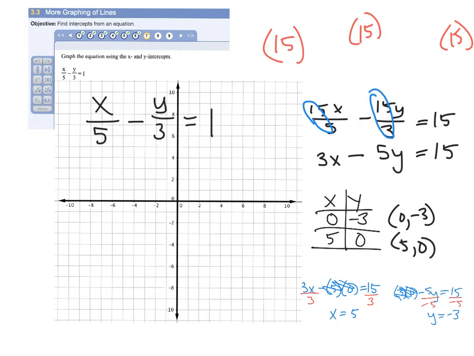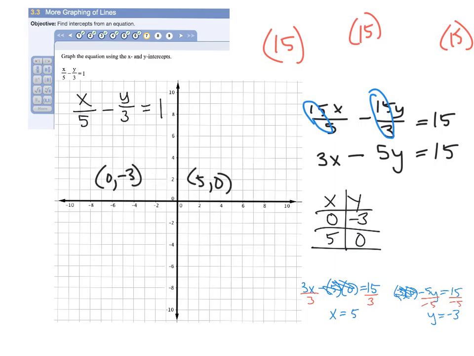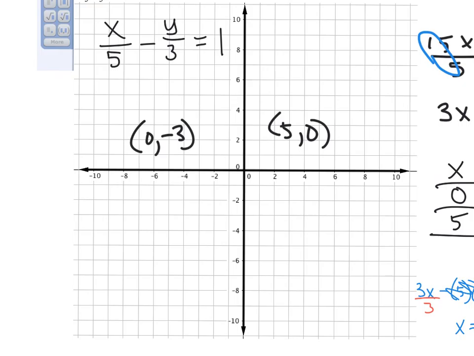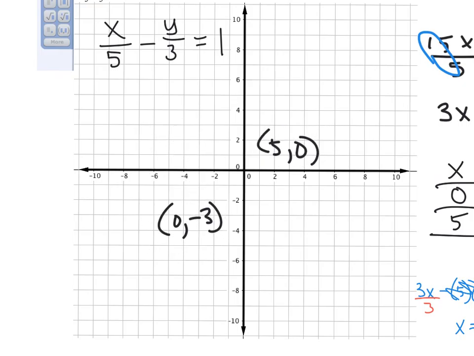Yeah, we're going to take that original equation and our two ordered pairs, and that's what we're going to graph. Okay, so where is 0, -3? Well, that goes down here. Where's 5, 0? It goes right here. And so 5, 0 is right here. 0, -3 is right here. And really, I should move that out of the way a little bit.